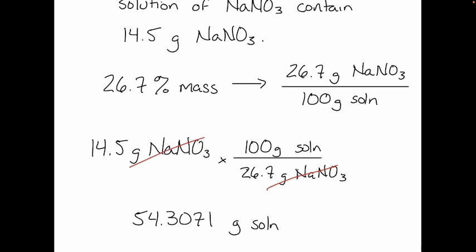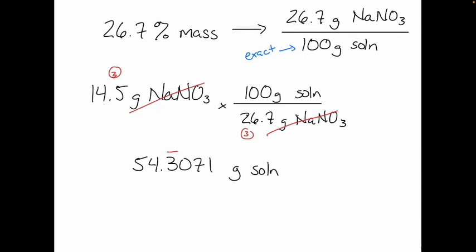Okay. Again, like we said, the thing that we put on the bottom here, this 100 in this case, is exact. So then how many sig figs am I limited to in this problem? 3. All right, 14.5 has 3. 26.7 has 3. So my final answer here will be 54.3 grams of solution.